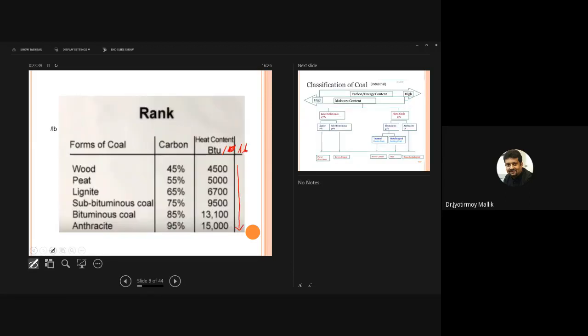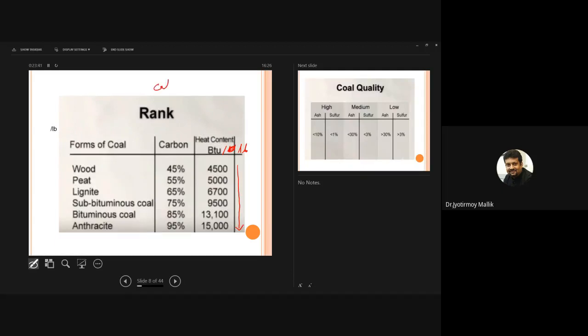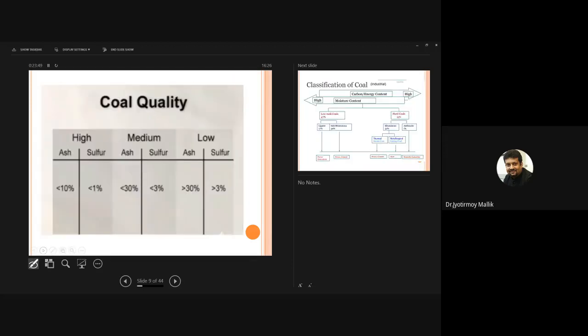Heat value is also called calorific value.